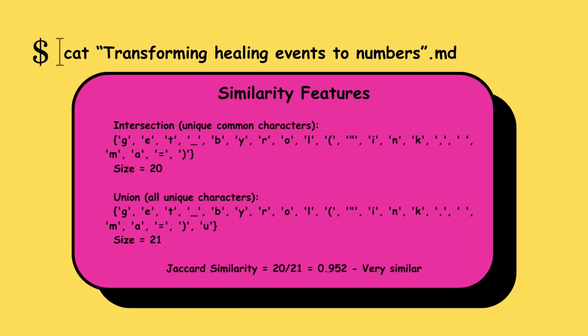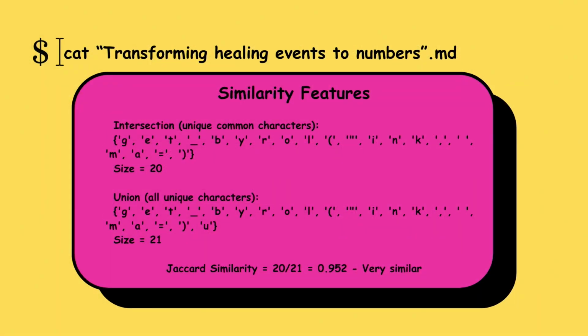The similarity features transform the concept of how similar those two selectors are into precise numerical measurements using Jaccard similarity. Jaccard similarity compares two sets of data and returns a value from 0 to 1 that expresses how similar they are. Basically, it's the ratio between the number of observations in both sets and the number in either set.